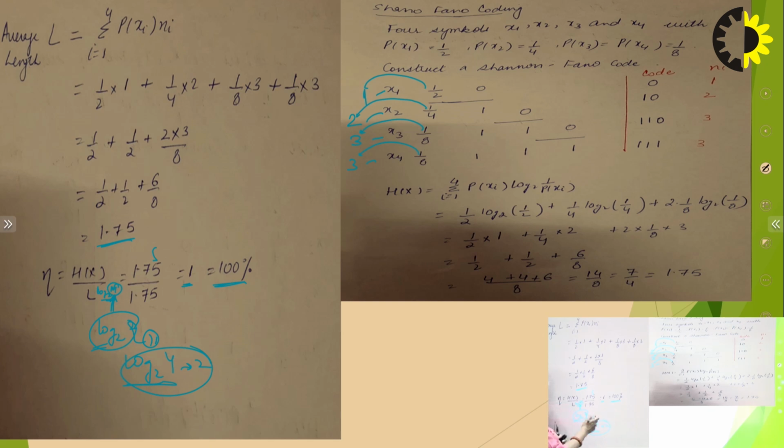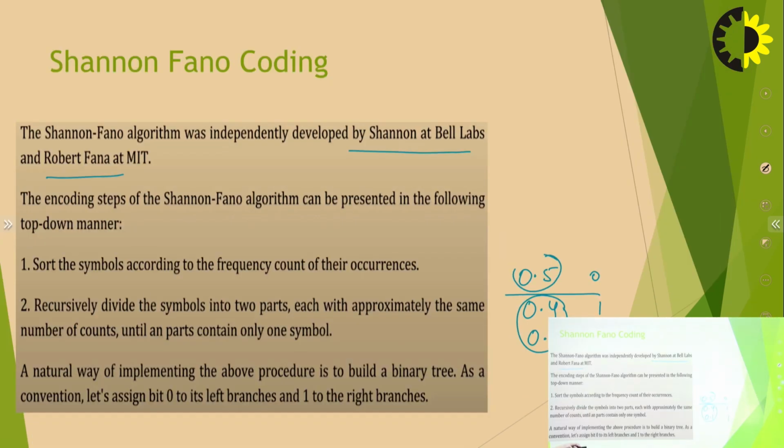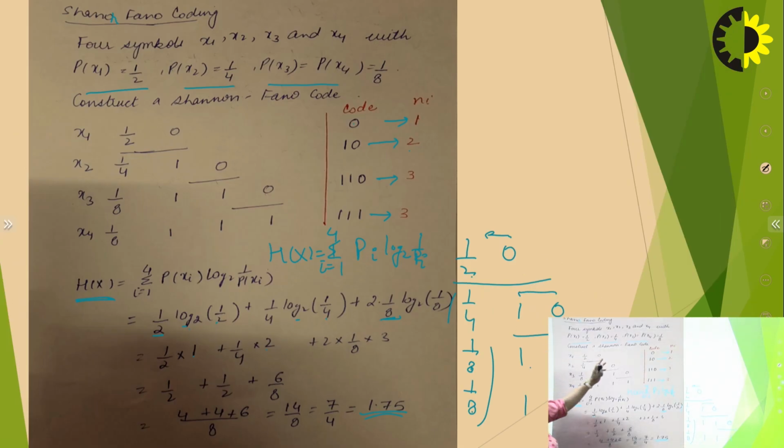And then they may ask redundancy. So what is the formula of redundancy? Right. So we can find that it is 1 minus eta. So redundancy also we can find out like this. I think this is clear to you. So again, I am just telling Shannon-Fano. In Shannon-Fano, we are dividing into equiprobable states, and in Huffman coding, we are not considering any probable state.